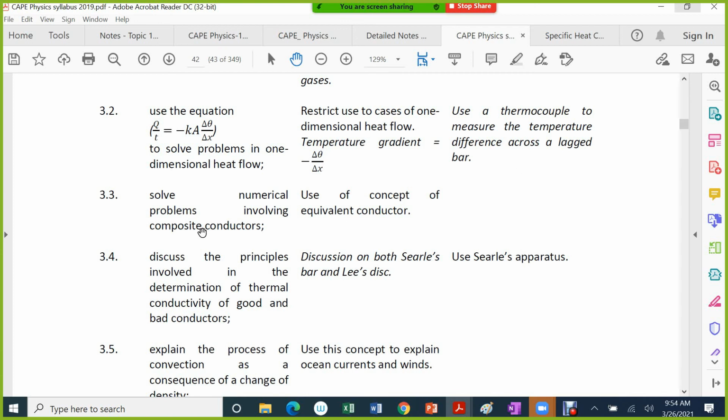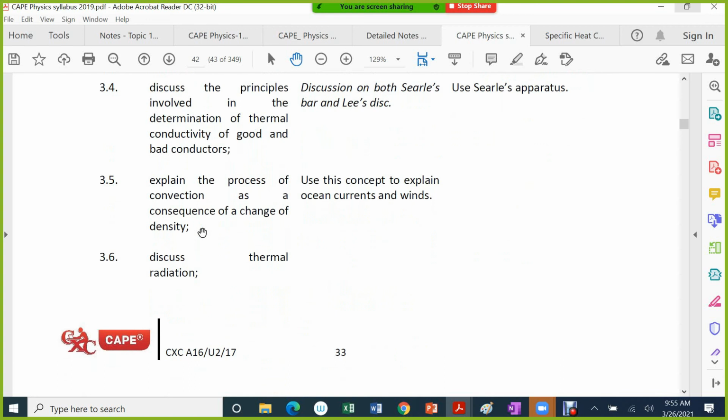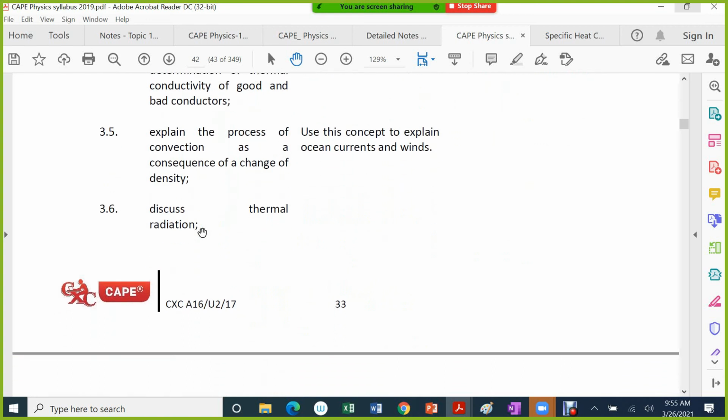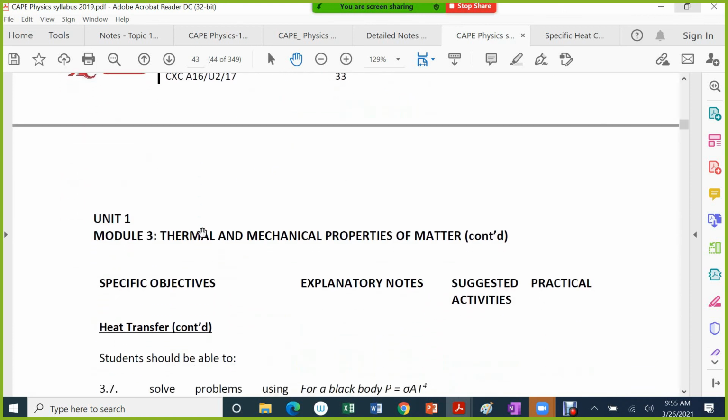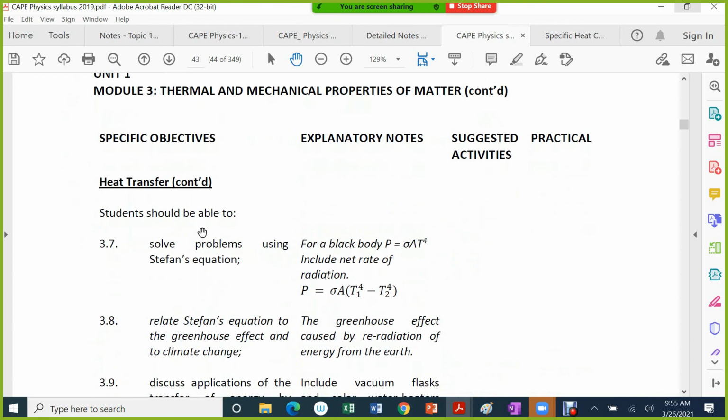It says discuss or discussion on both the Searle's bar and the Lees' disc. So those are some of the things that we have to speak to. We have to show you on all of those things. So we have quite a number of things to do, right? Speak about convection, understand what is happening with convection, thermal radiation. Then in thermal radiation, we're going to talk about Stefan's equation, right?